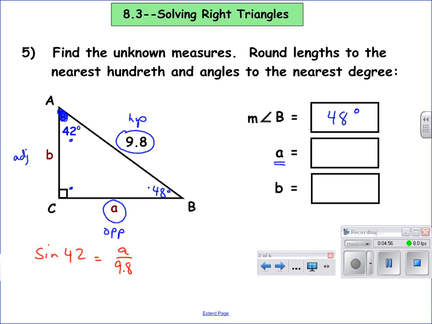Life is good. We just multiply that together, and I get 6.56 to the nearest hundredth, right?